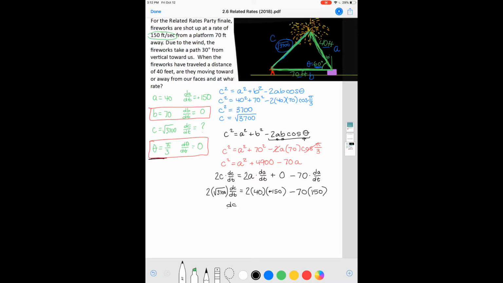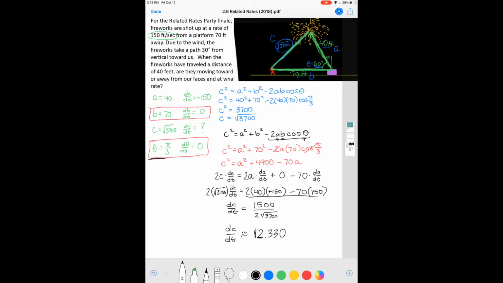So dC dt, all this junk comes out to 1500, so I'll just divide over my 2 root 3700. dC dt is about, are you ready for it? Comes out positive 12.330.